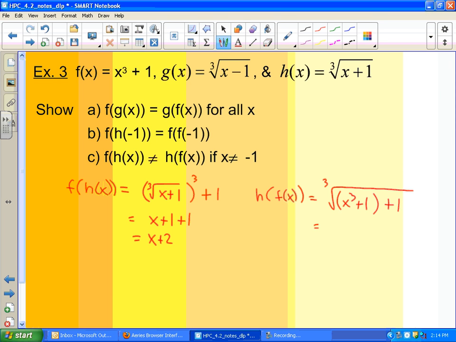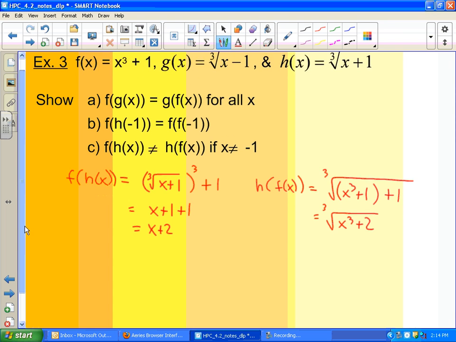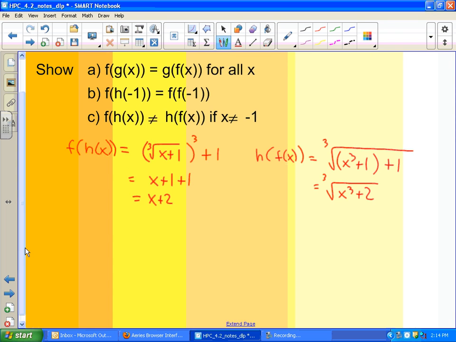And then simplifying underneath the radical, we get the cube root of x cubed plus 2. Now they're obviously not equal to each other. So let's go solve them and see what the answer for x would have to be if they were equal to each other.